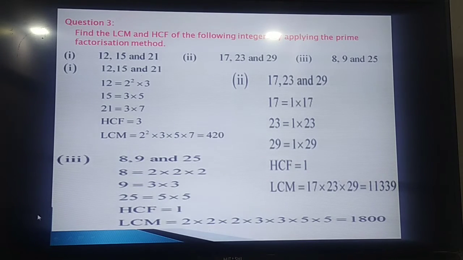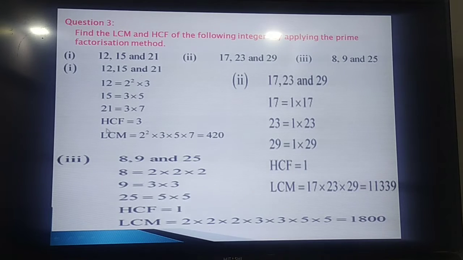Now in a similar manner you can find the LCM and HCF of 3 numbers also. So let us find the LCM and HCF of these 3 numbers: 12, 15 and 21. 12 can be factorized as 2 into 2 into 3. 15 can be factorized as 3 into 5. 21 can be factorized as 3 into 7. In all these 3 numbers, 3 is common, and only one 3 is common.